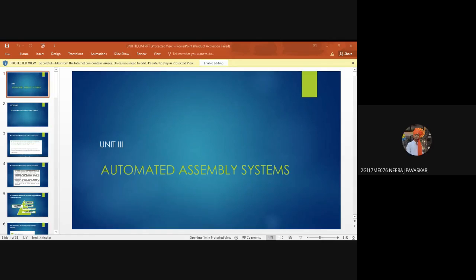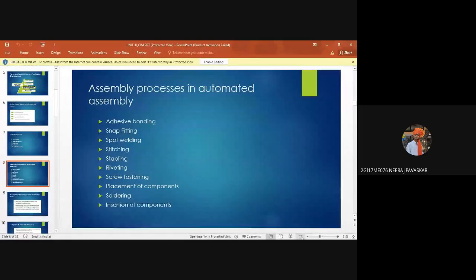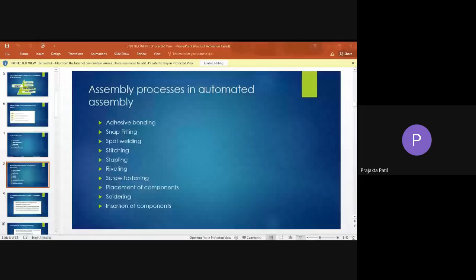Ma'am, the slide is not changing. Yeah, I haven't changed it. Ma'am, it's only on the first slide, automated assembly system. It is on the first slide itself. Yes, ma'am, now it has changed. Okay. Now you can see, ma'am. When you go to presentation mode, it will not be changing, ma'am. Now it's on assembly processes in automated assembly.